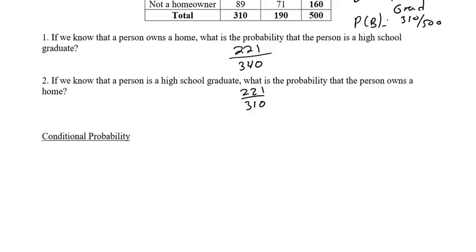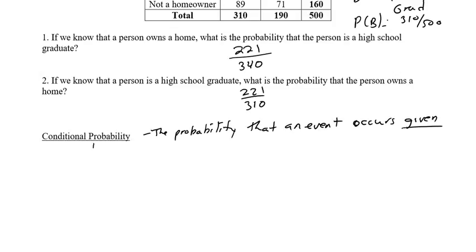A conditional probability is the probability that an event occurs given that another event is known to have occurred.